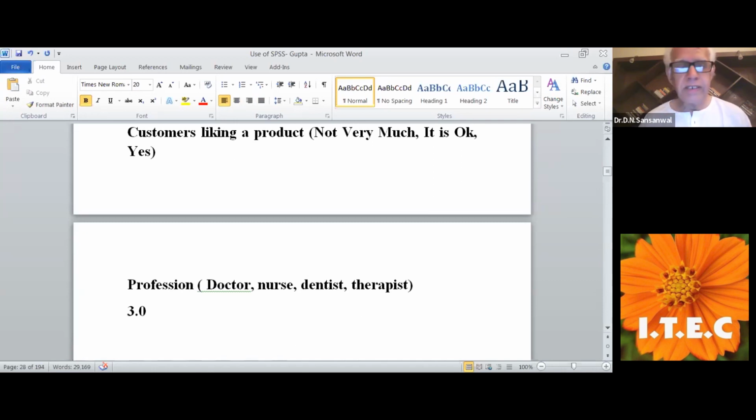Then another is that the sample is selected randomly.